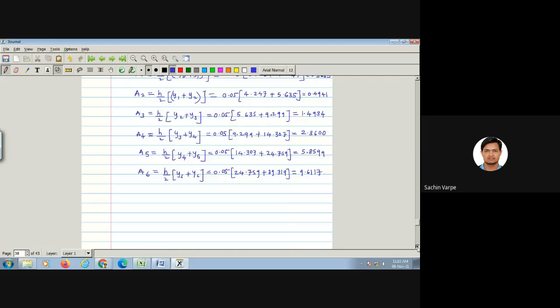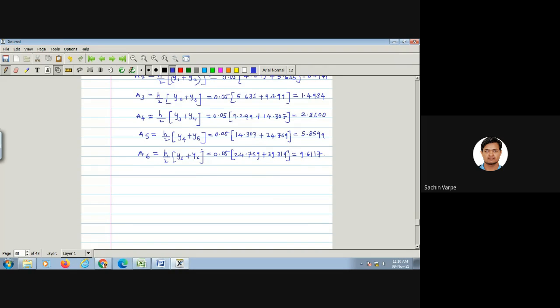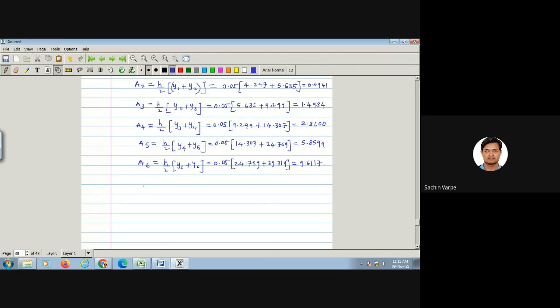So these are the areas of those substrips, and therefore the required area A is equal to A1 plus A2 plus A3 plus A4 plus A5 plus A6.